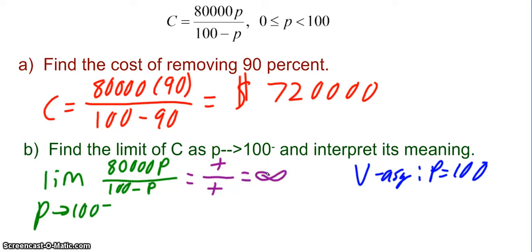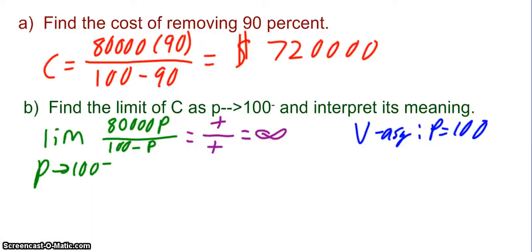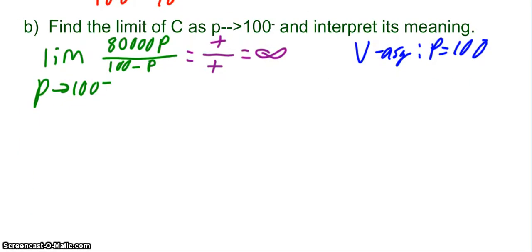This should make sense if we interpret its meaning. So what is this telling us? Think about that. What does it mean that as the limit of P goes to 100 from the left, the cost is going to infinity? Well, we want to understand what the cost is representing. It's the cost of removing the pollutants.